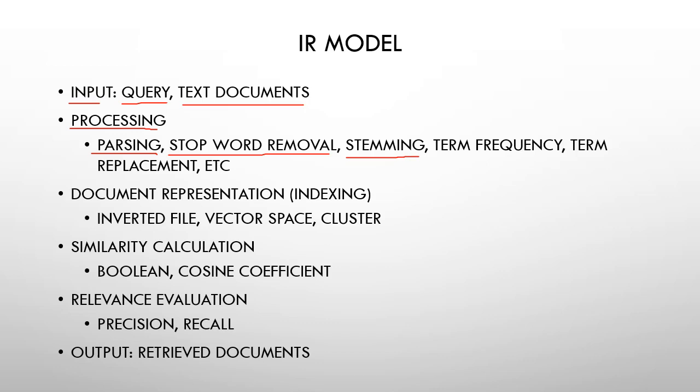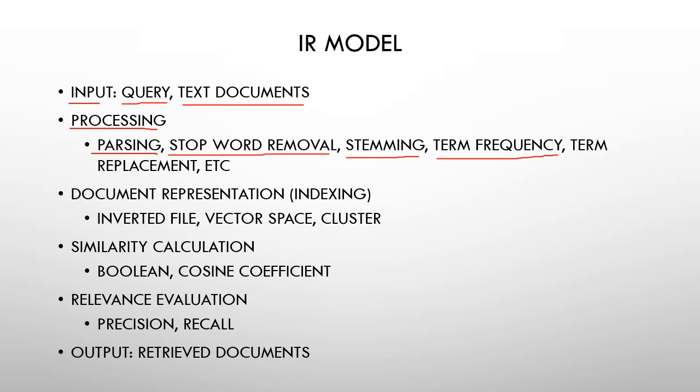And then from the stem word, we might want to calculate the term frequency, or the number of times that a term appears in a particular document. We might also want to replace some terms with common terms.